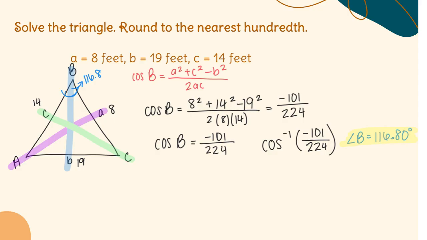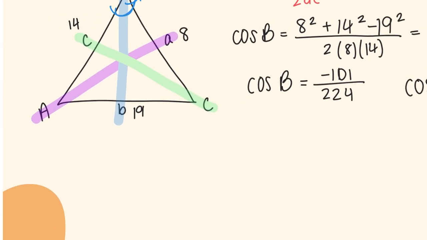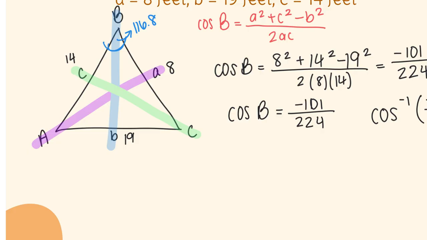So because I'm finding an angle, I'm going to put my angles on top. So looking at it, I'm going to have sine 116.80, or you could just put 116.8, over 19.